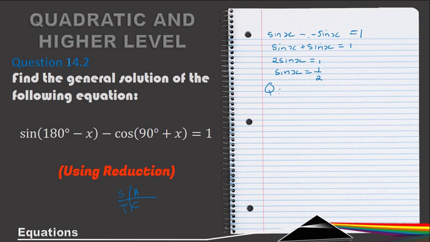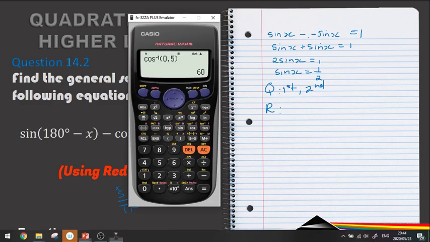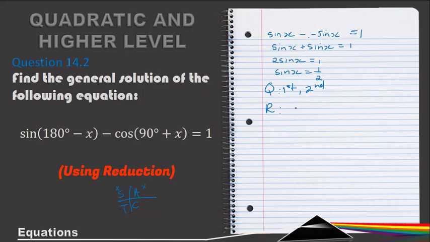The quadrants for sine being positive are the first and the second quadrant, and then the reference angle is going to be shift sine of 0.5, and that gives us 30 degrees as our reference angle.